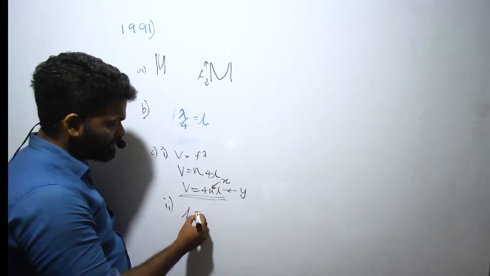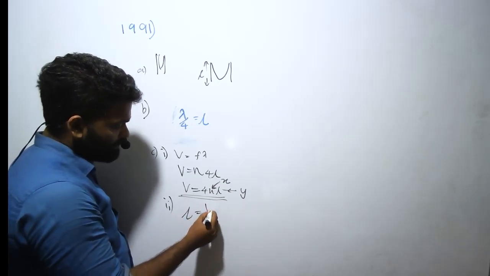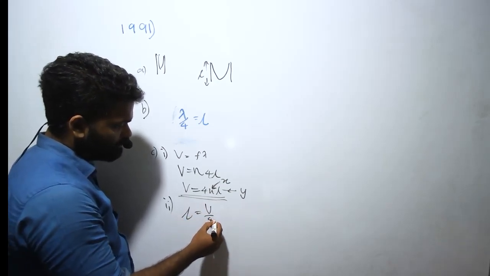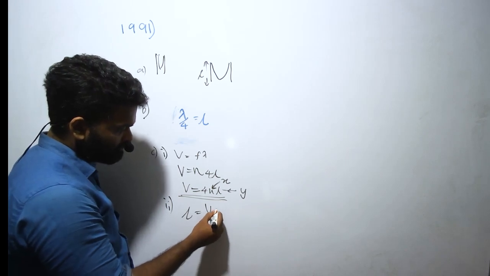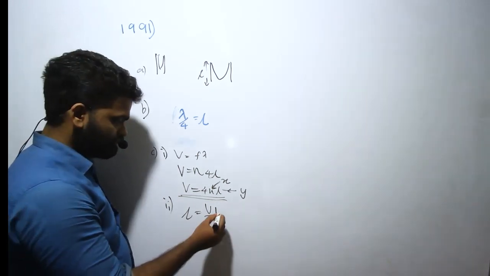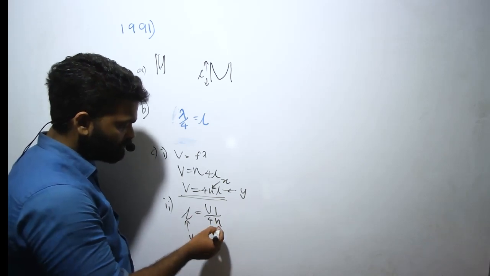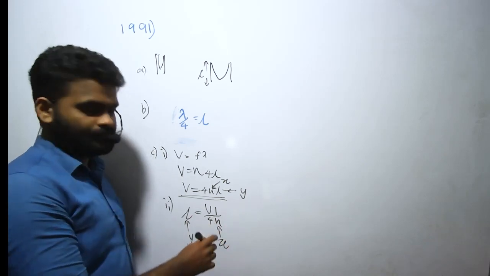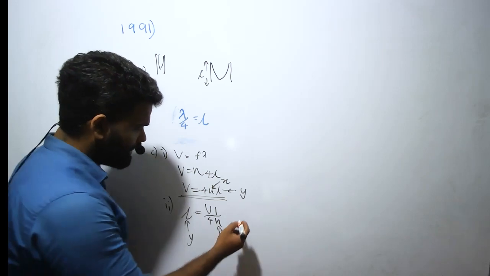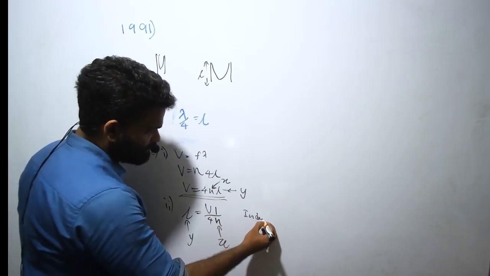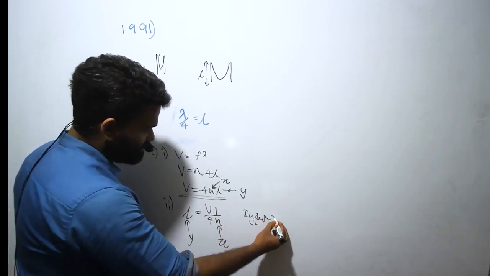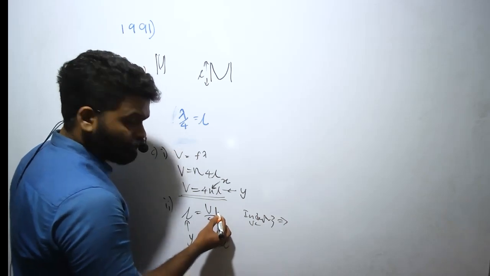So you have to make the dependent variable the subject. If you do that, it is v over 4, n is below. So this is y, 1 over n is x. So you have to show that the independent variable is what? Not n, right?